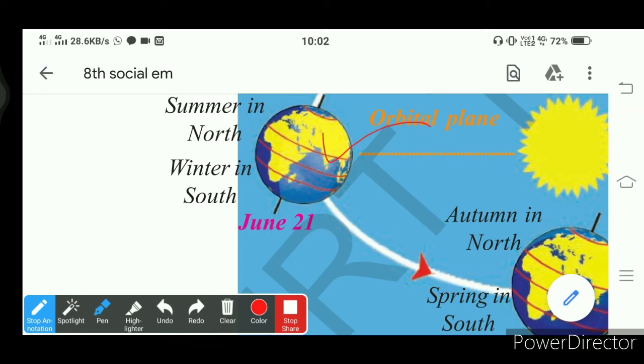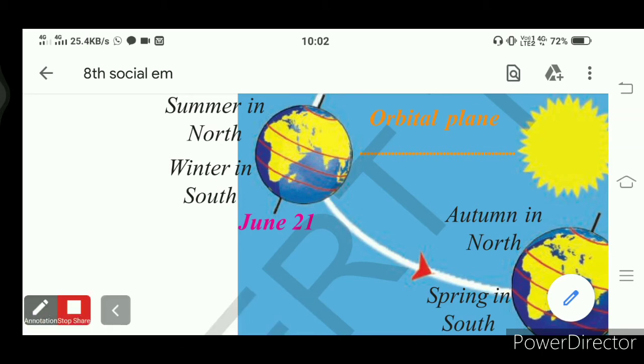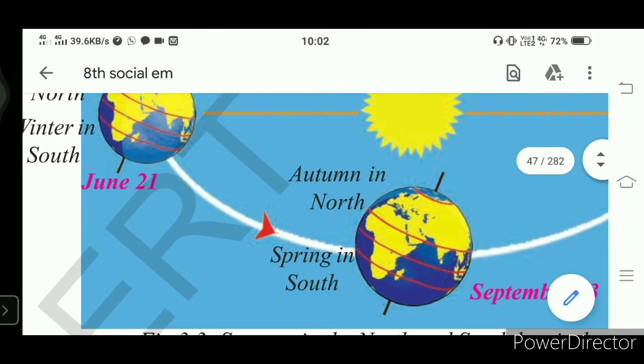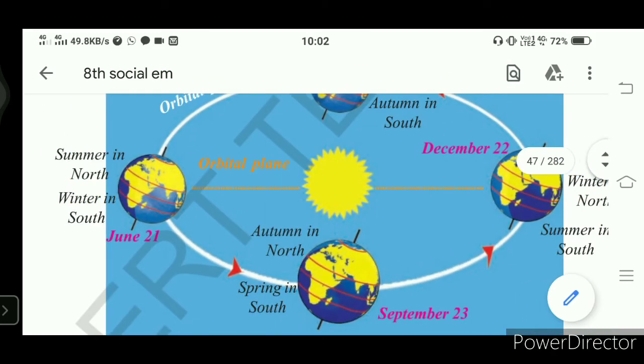The sun shines, so it is summer. When it is summer in the northern hemisphere, it is winter in the southern hemisphere. So in this way, there is a difference in the seasons. When it is summer in the southern hemisphere, it is winter in the northern hemisphere, right?